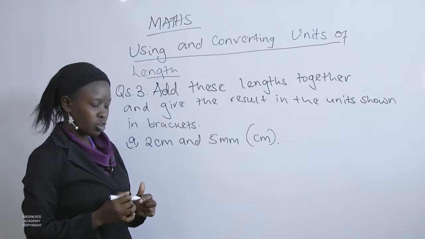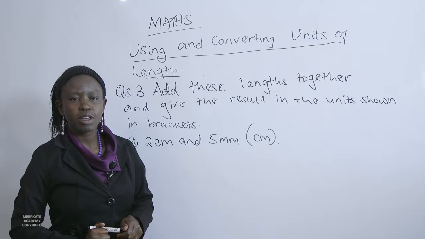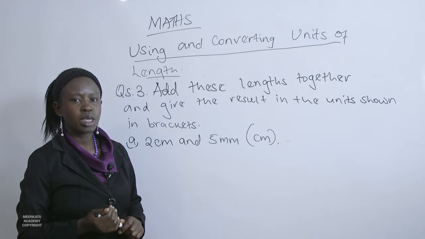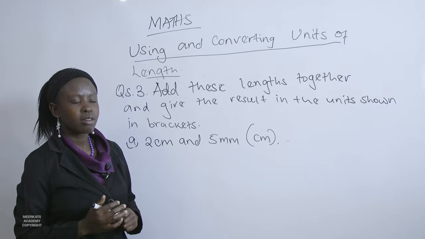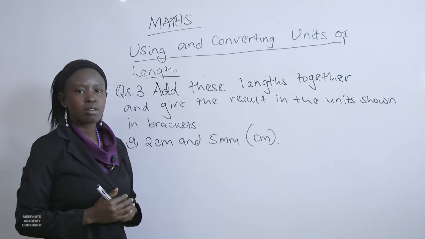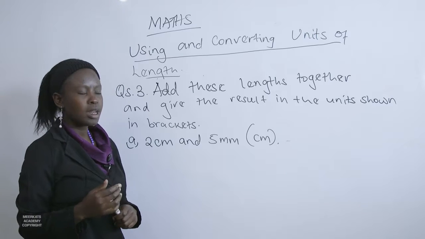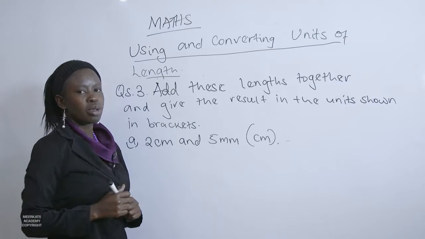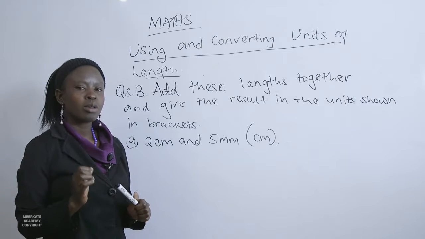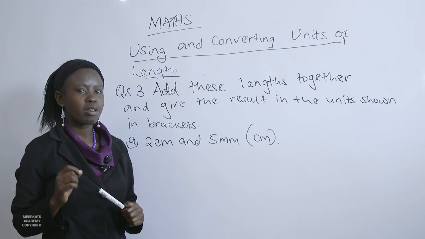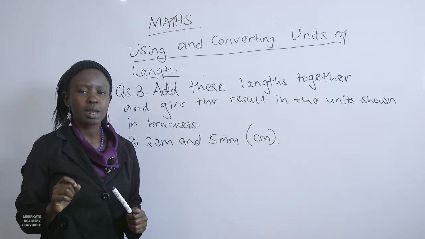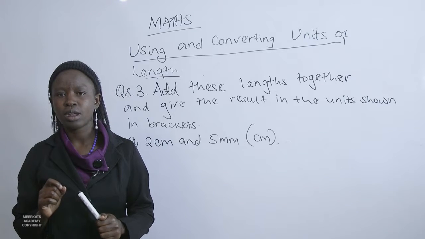We are adding 2 centimeters and 5 millimeters, and our result should be given in centimeters. So that means we need to convert our millimeters to centimeters first, because we cannot add 2 units that are different.